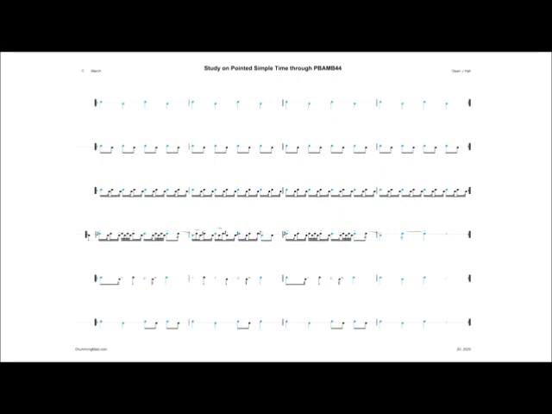Okay, and repeat. All right, so that's the mouse ran up, the mouse ran up, the mouse ran up, the one and two, 4 and 1. So with that groove, that little feel.